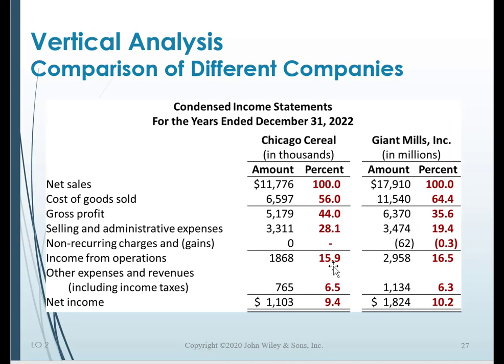So in the end, if you look at our income from operations, in total, we're actually doing worse than them. Our production is much better, but overall running the company, we're doing worse. So how do we fix this? Would you go to production and say, we have to figure out how to do this cheaper?